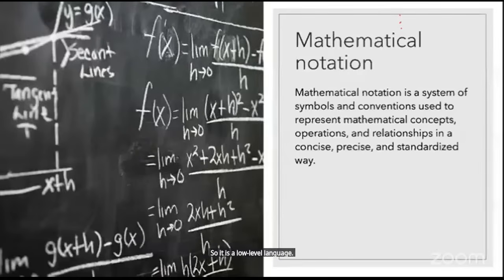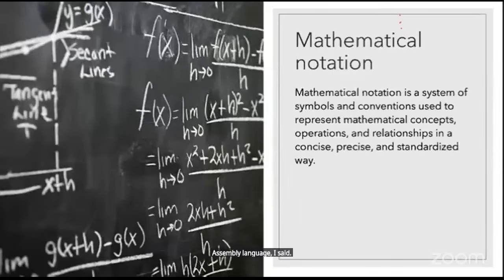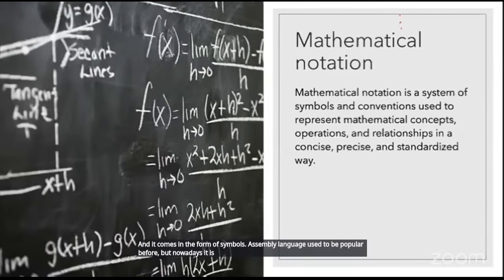I don't really get assembly language. What are you not getting? I said assembly language is a low-level language, and it comes in the form of symbols. It used to be popular before, but nowadays it is no more in existence.